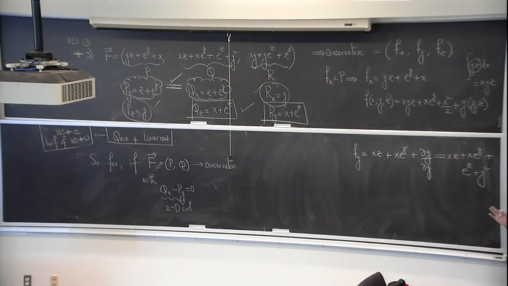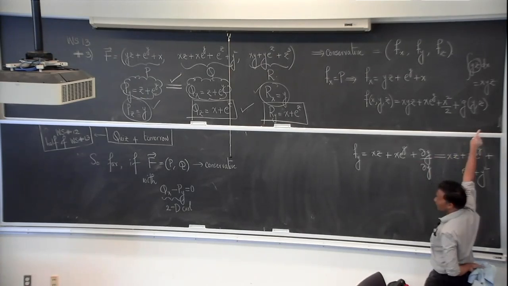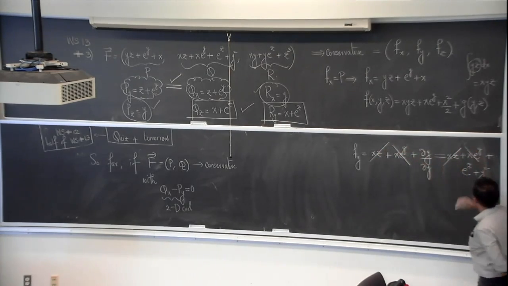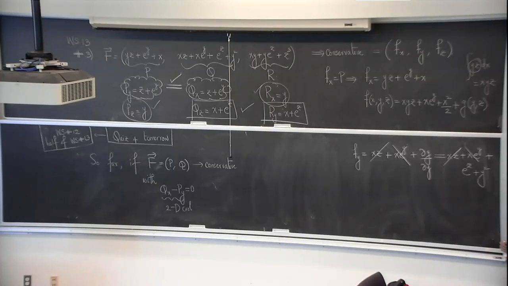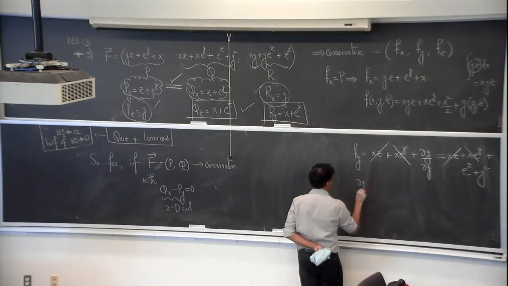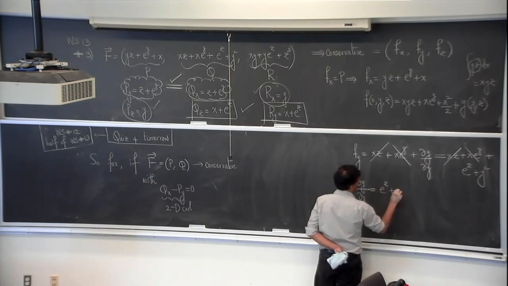Once again, at this point, all the x terms should cancel out because g is only a function of y and z. Okay. So xz cancels here, x e to the y cancels here. So partial of g with respect to y is e to the z plus y square.